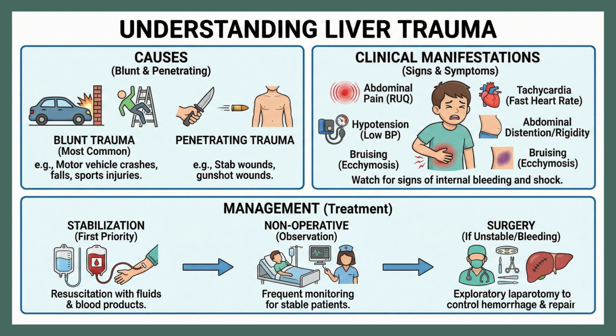Finally, let's talk about liver trauma, epidemiology. The liver is a large vascular organ, which makes it the most commonly injured organ in the abdomen after the spleen. It's often injured in blunt trauma like motor vehicle accidents, but also in penetrating trauma from gunshot or stab wounds.